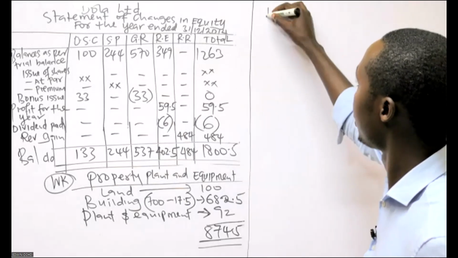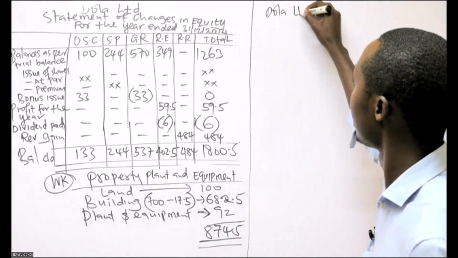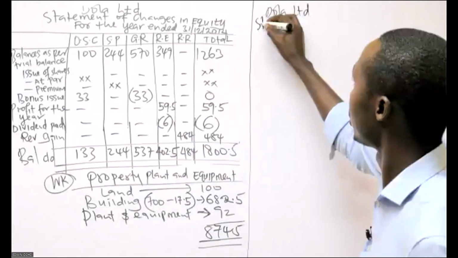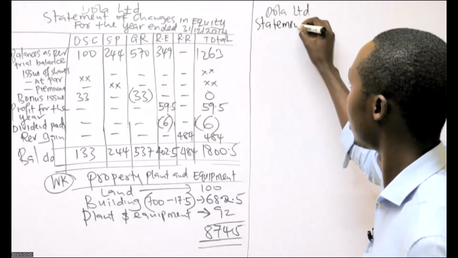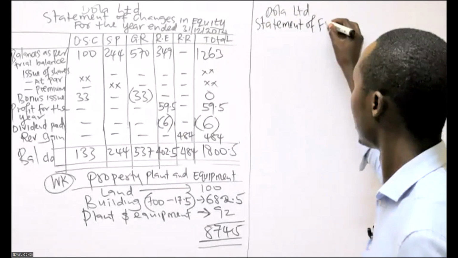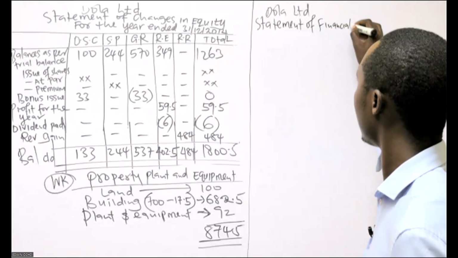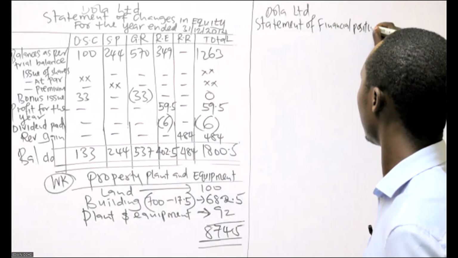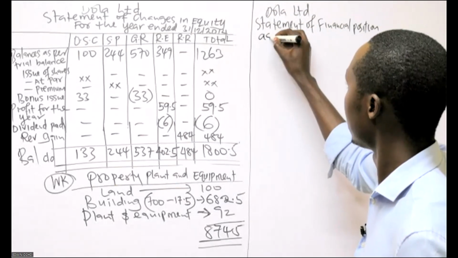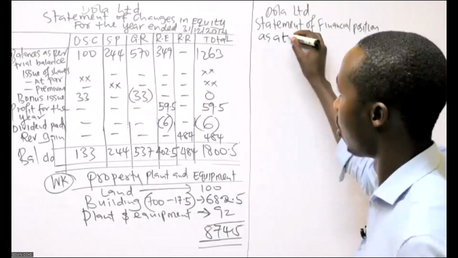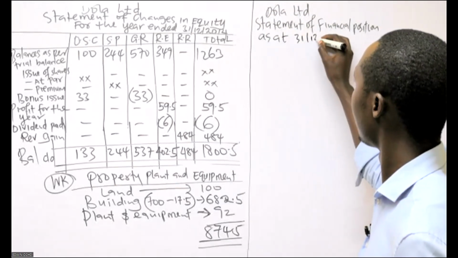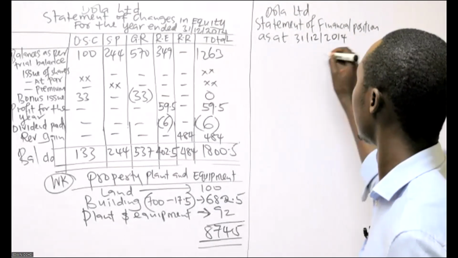So now we can present that statement: DORA Limited, statement of financial position, asset, 31st December 2014.